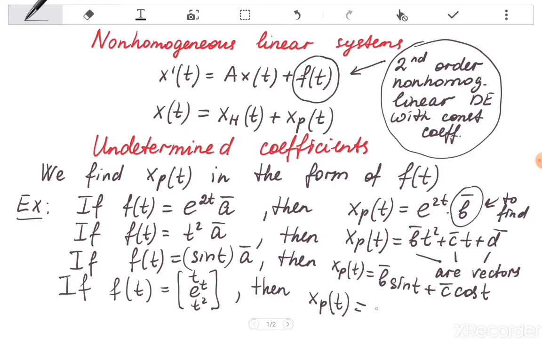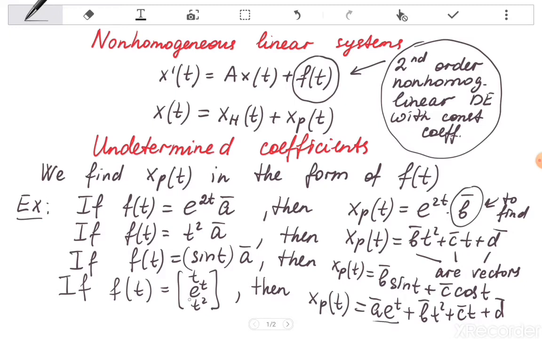So it must be a vector, let's say, a e to the t. It must also be a second degree polynomial, b t squared plus ct plus d. So your particular solution must contain all types of the functions that we'll have here.